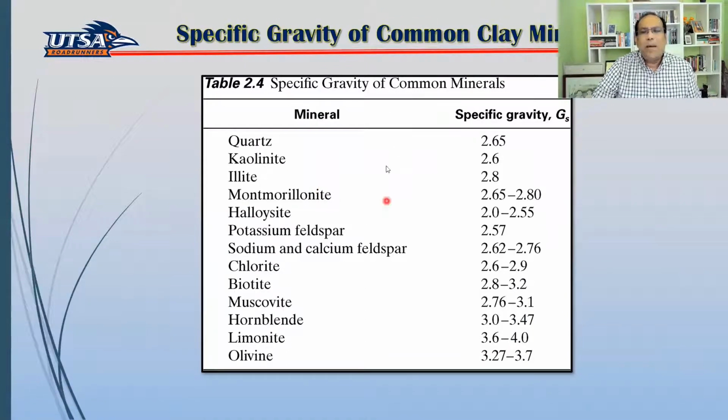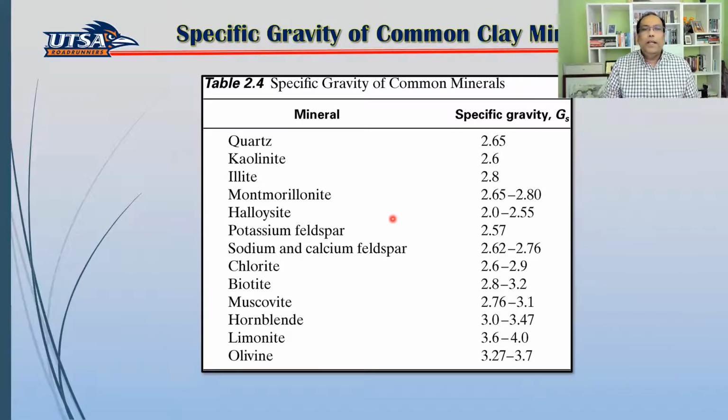Now, this is the specific gravity of the common clay minerals. You can see usually quartz is 2.65, kaolinite is 2.6, illite is 2.8, and montmorillonite is 2.65 to 2.8. That's why for quartz or pure sand, the specific gravity is always 2.65 plus or minus 0.05.